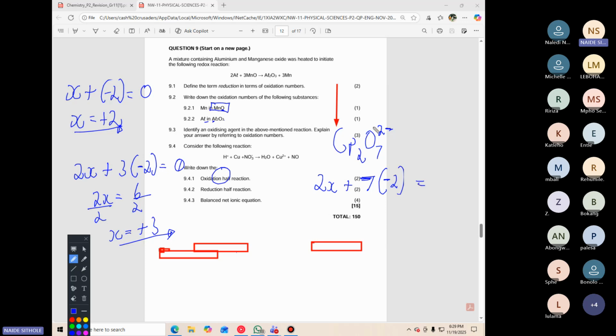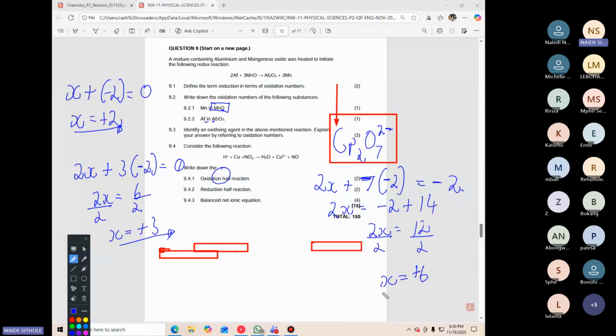Since all of this is equal to -2, we equate to -2. So 2x, -2, this is -14. When we transpose, it becomes positive 14. Then 2x is equal to 12. Divide by 2, our x becomes positive 6. That's the oxidation number. So it's very, very simple to calculate those things.